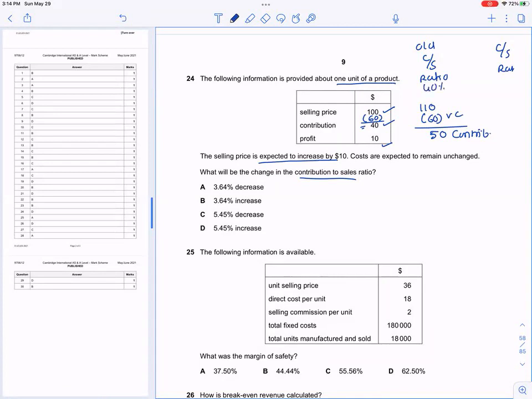New contribution to sales ratio will be 50 divided by 110, into 100. So new contribution to sales ratio is 45.45%. So what is the change in the contribution to sales ratio? It is 5.45% increase. Are we clear with this? Okay.